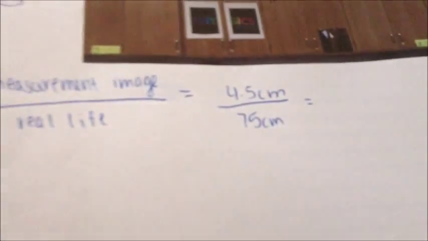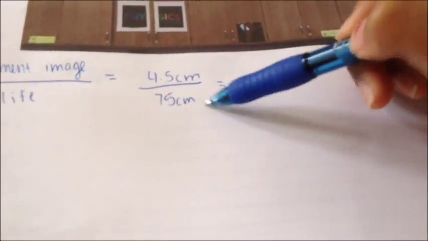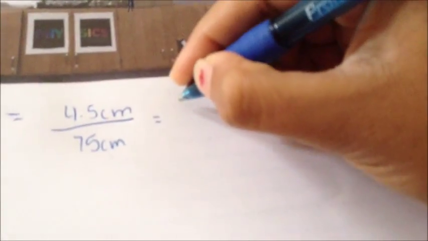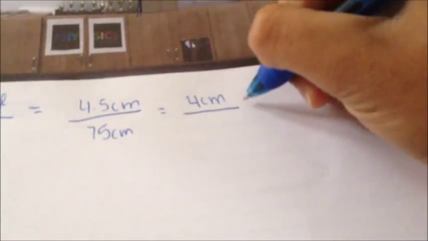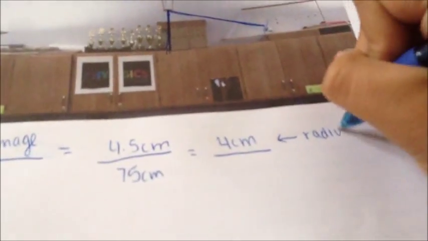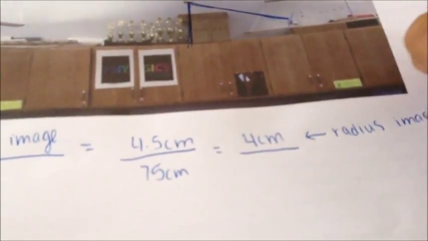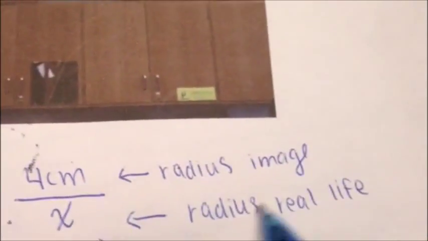So we're going to put 4.5 centimeters over 75 centimeters is equal to 4 centimeters over x, the radius in real life. So we just created a simple proportion.